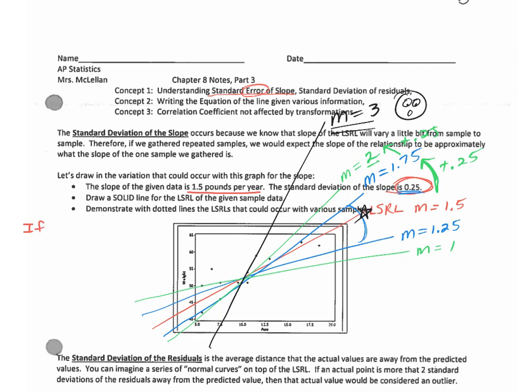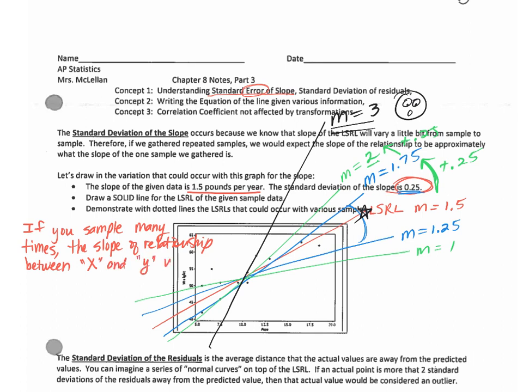If you sample many times, the slope of the relationship between x and y will vary about however much on average.